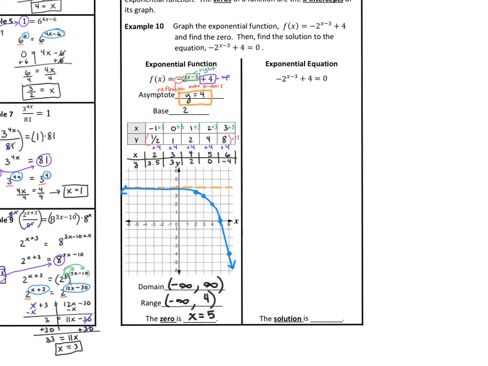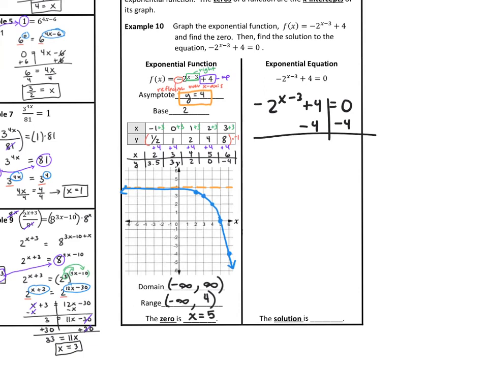So as we work out this right side, what we can do is move the 4 to the other side, right? So the opposite of adding 4 is subtracting 4. Actually, let me write it a little bit bigger here. I'm just going to copy the problem again, just so it's a little bit bigger. So I copied it. So the opposite of adding 4 is subtracting 4.